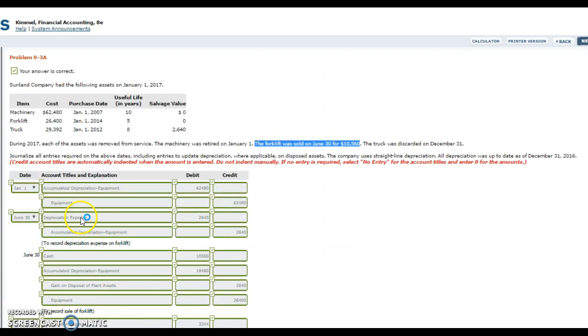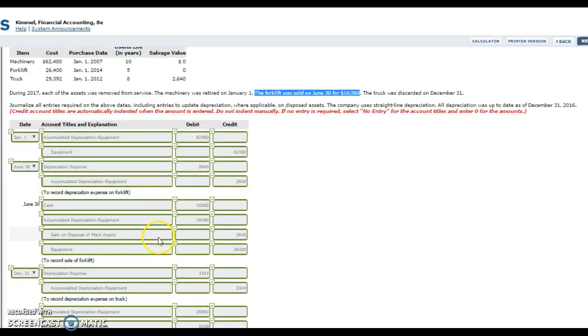So if we go back, we debit depreciation expense for the 2640, and we credit the accumulated depreciation for 2640 for that account. And that goes ahead and brings the value of the forklift to the book value, which is the purchase value minus the accumulated depreciation.